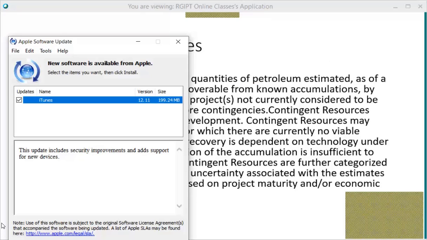Now, we looked at reserves and then contingent resources. Classification: contingent resources.